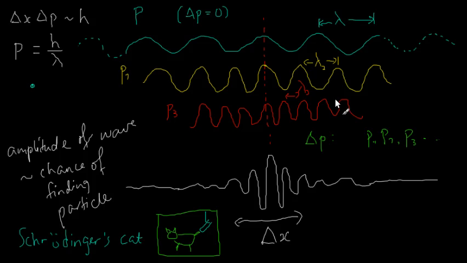One of the simple examples that is often used and useful to illustrate this point is the size of an atom, and the energy of the electron in the atom. So let me take a look at that.